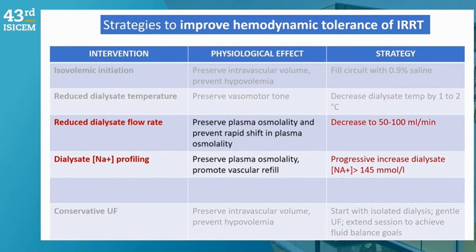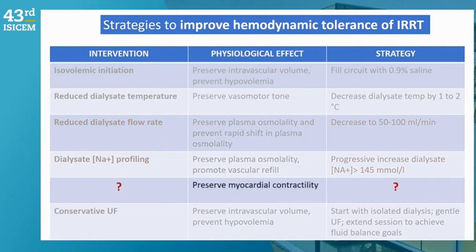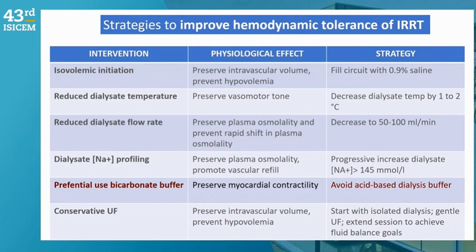And your dialysate sodium profile should be increased, probably 145 millimoles per liter. And the last one is the preservation of myocardial contractility, and you should prefer bicarbonate buffer. So all these strategies are very simple to do.